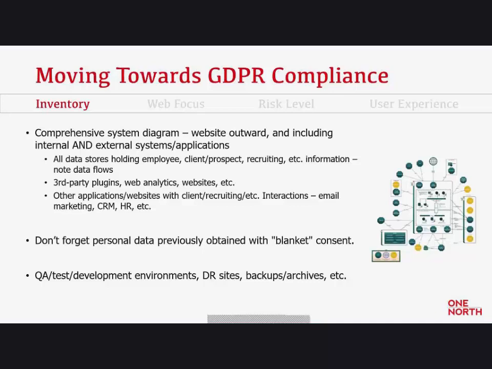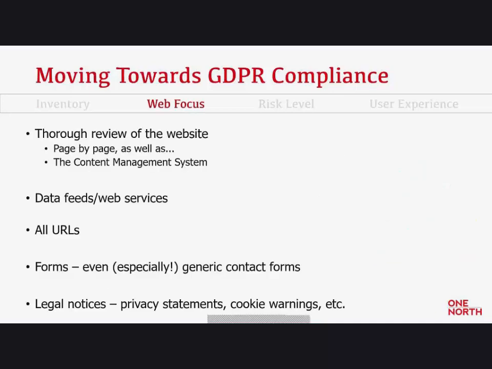And furthermore, we come at it from a web perspective, going through the website page by page, so that you can find any and every form that's being used, any legal notices, privacy statements, cookie warnings, URLs, sites you might be linking out to, mini sites that you're heading out to, external sites that you might be embedding into pages on your site.